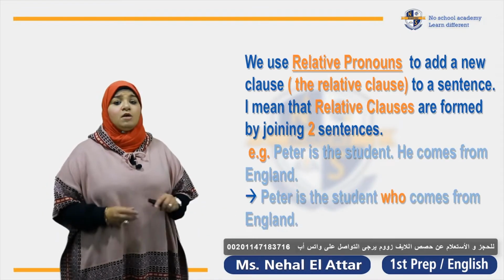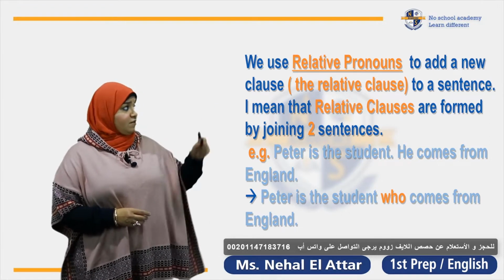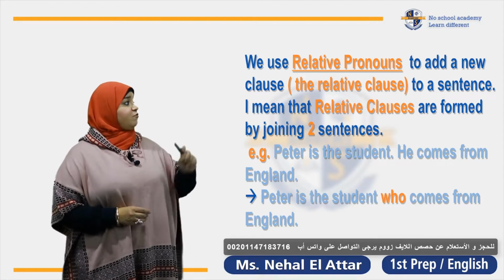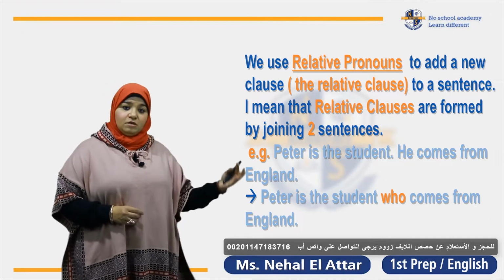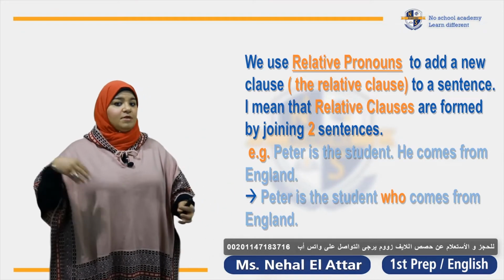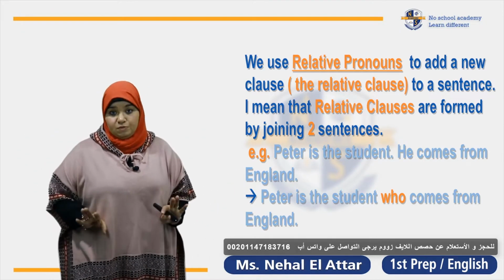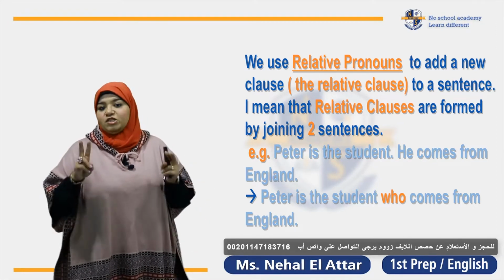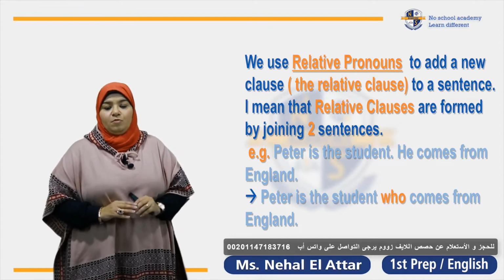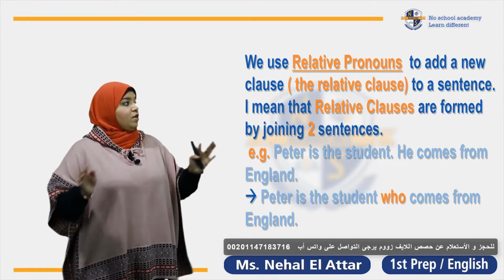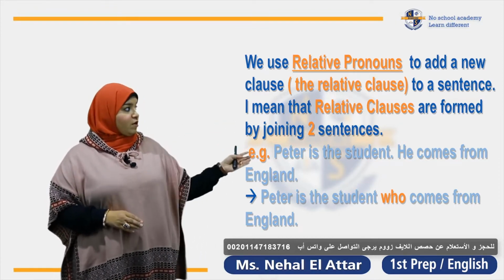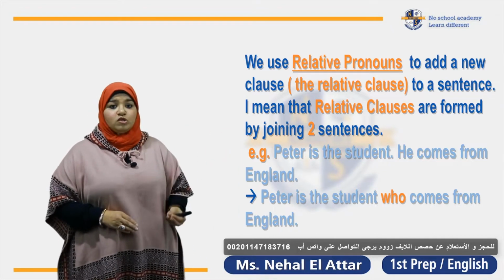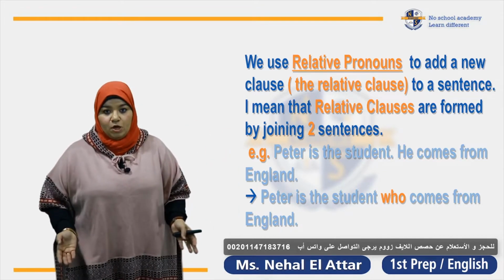For example, Peter is the student, as you can see on the screen. He comes from England. So we have a main clause, a full stop, and another clause. It's also a main clause, if you want to understand more. So we have simply two sentences with a full stop between them, okay? How can we join these two sentences together using a relative pronoun? First of all, we see what we are talking about. Who are we talking about?